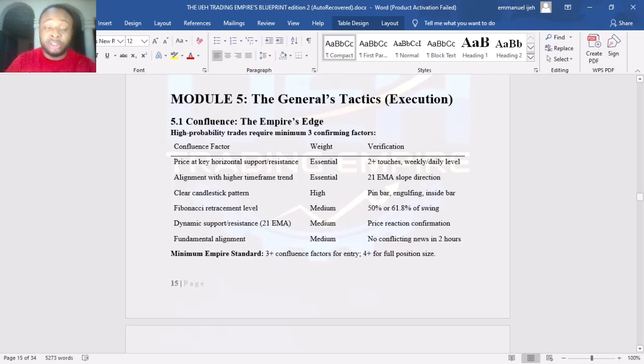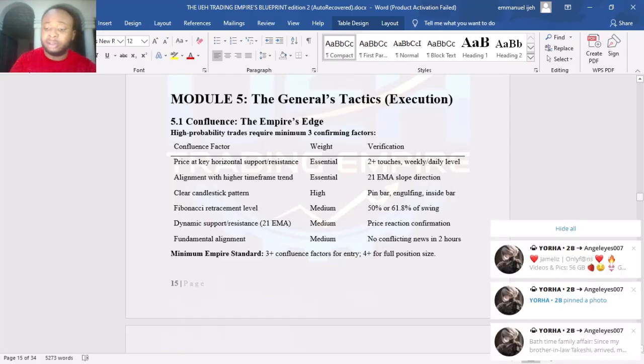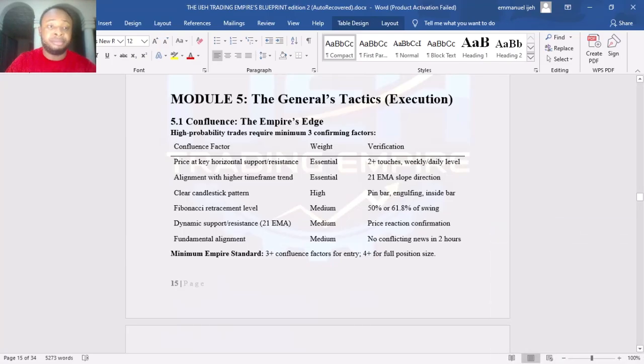Then the next one is your 4 hours to check whether it's ranging or choppy or consolidating, then 1 hour, then your entering time. Your entry time will be only 15 minutes. Sometimes I do take on 5 minutes, but based on how the market has been this year, the best entry time proven is 15 minutes.